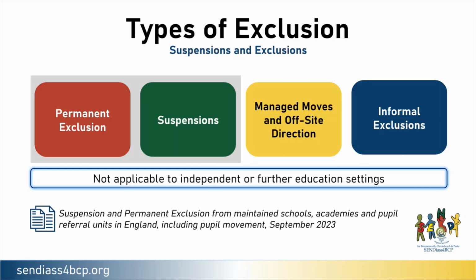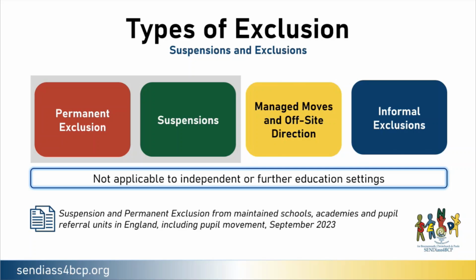A managed move is a voluntary arrangement between the school, the parent, and the admission authority of the new school. This decision should only be made if it is in the child's best interests. If a managed move is successful, it may lead on to the child then being admitted to the new school permanently.